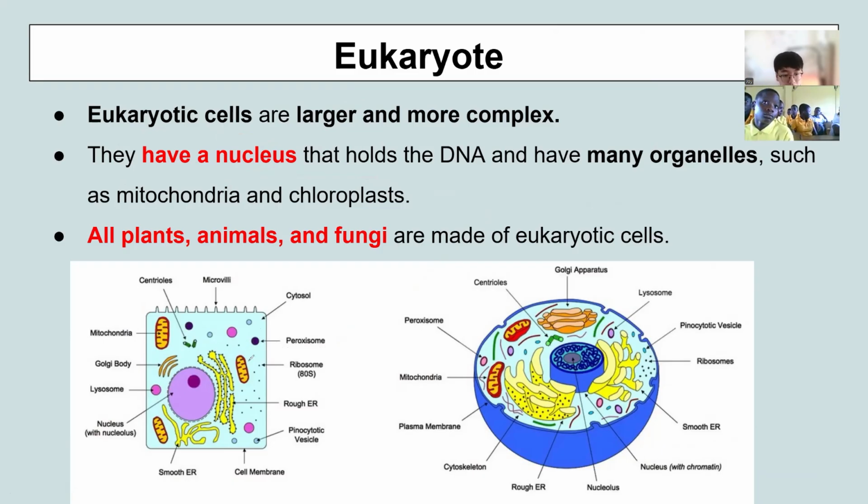We talked about the mitochondria, the nucleus, the ER. And there are a lot of those inside the eukaryotes. And all plants, animals, and fungi are made up of eukaryotic cells.